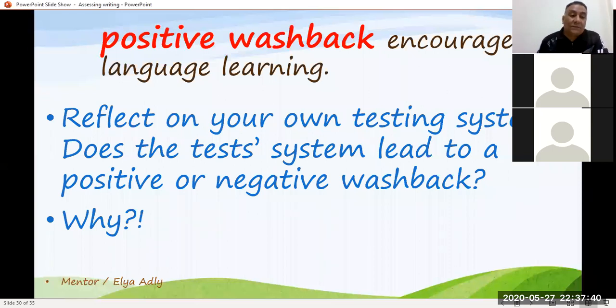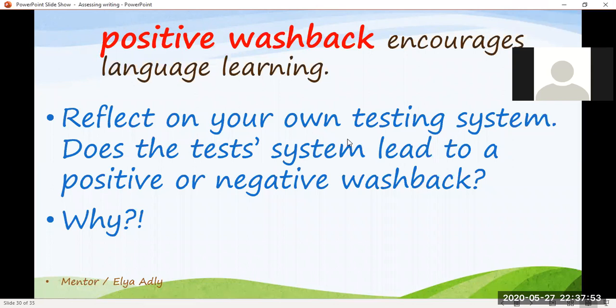Your testing system, does it lead to positive or negative washback? Anybody?